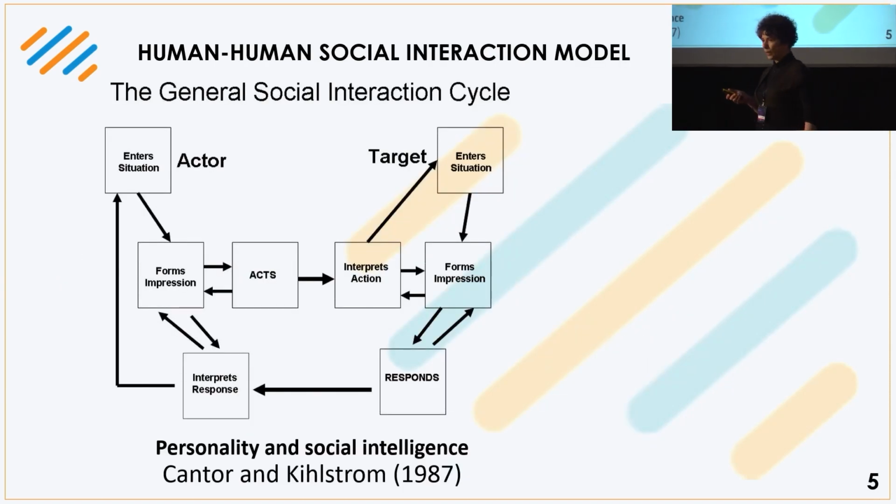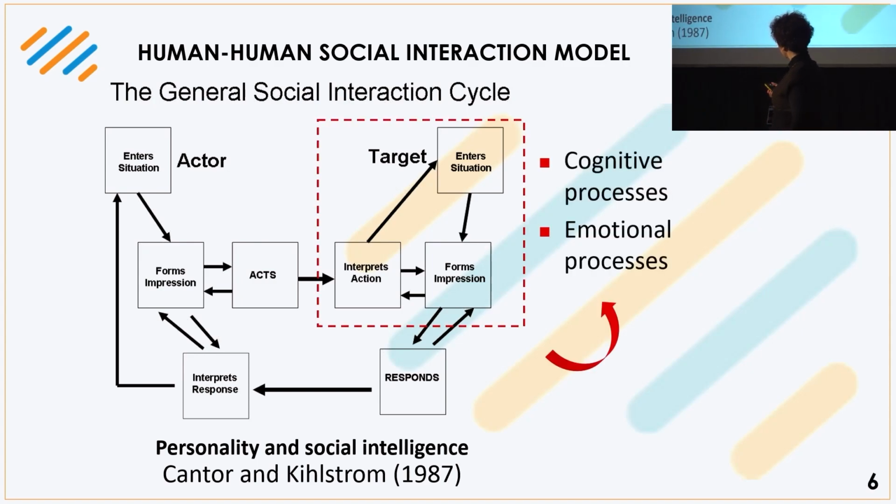And so to do that, what we did as engineers, we took a human social interaction model developed by psychologists, and we analyzed what was happening there. As you can see, an interacting actor goes through phases during the interaction.